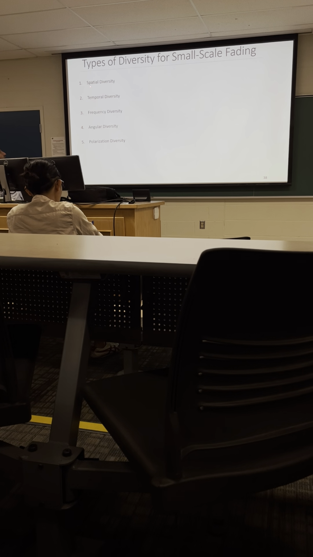We have spatial diversity, which other books name space diversity. We will know why. Spatial or space diversity, temporal diversity or time diversity, frequency diversity, angular diversity, and polarization diversity. Okay, so let's start with spatial diversity, which is the most common one in modern digital communication.